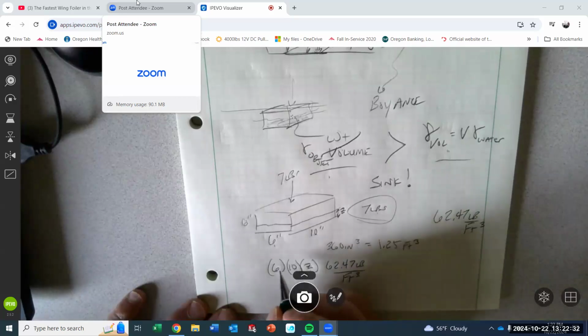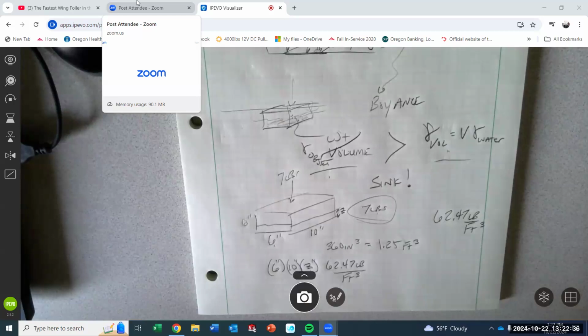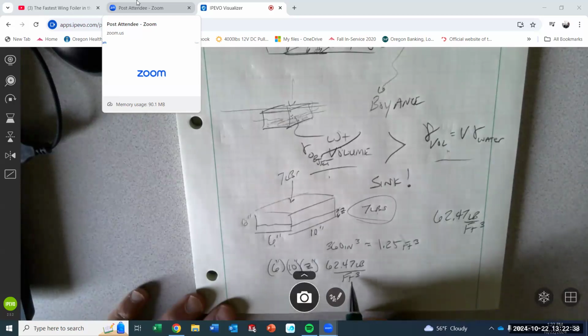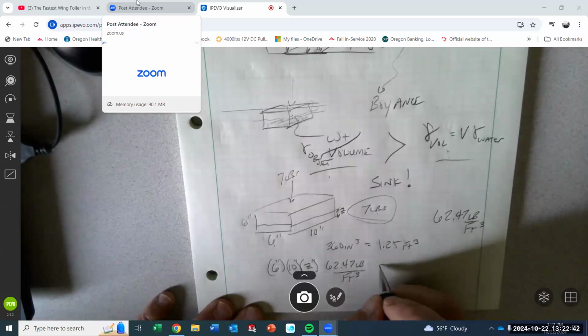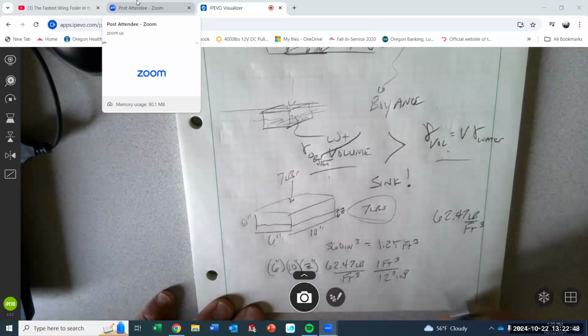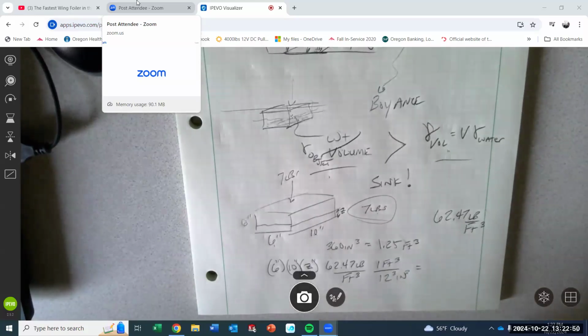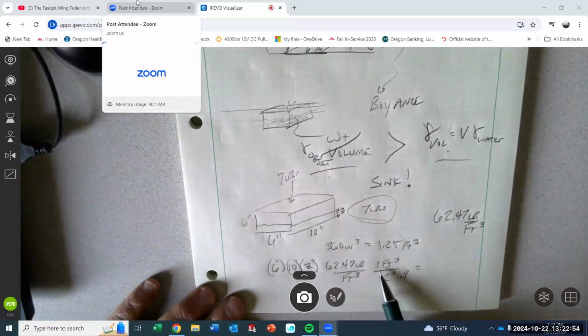Now, this is inches, this is inches, this is inches. I want to know inches for my water line. I've got to get rid of this. So I need 1 foot cubed is 12 to the third inches to the third, right? And that's the weight displaced, right?